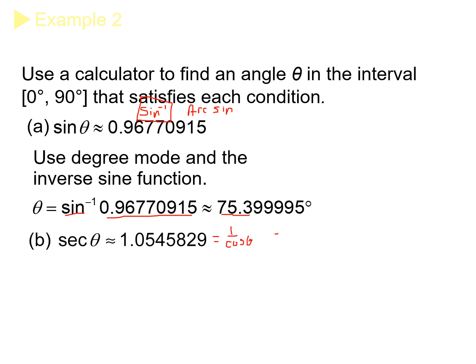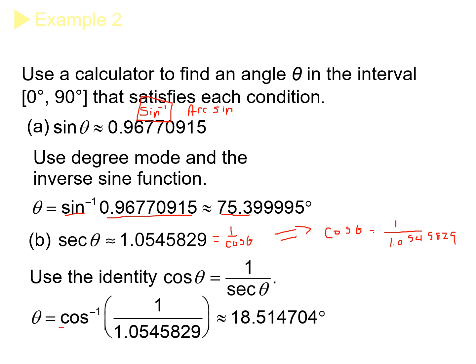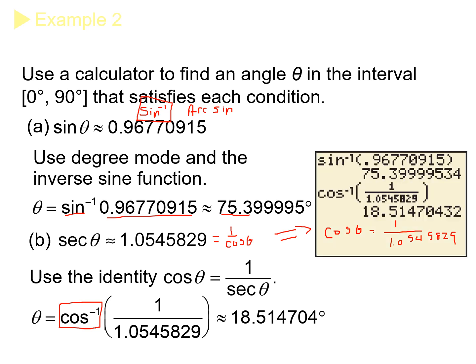Solving this for cosine theta, cosine of theta is equal to 1 over 1.0545829. So I'm going to want the arc cosine function of that, and I will get 18.51 degrees.